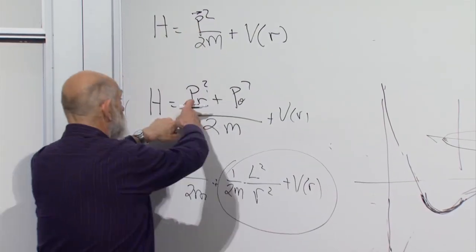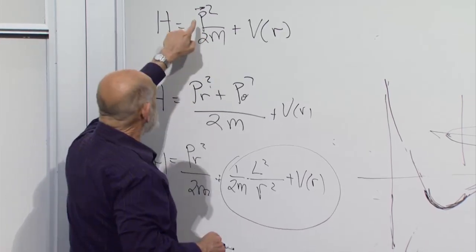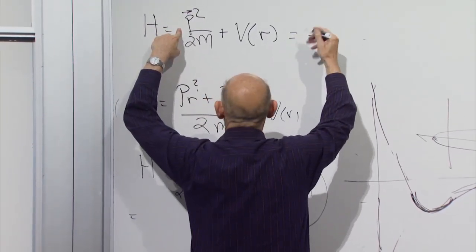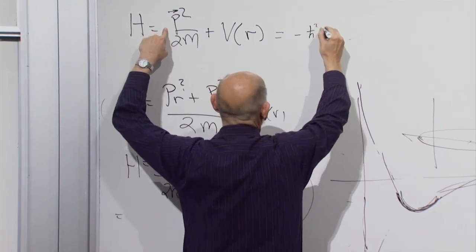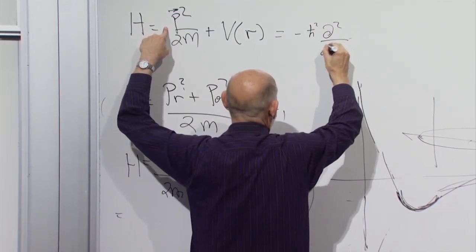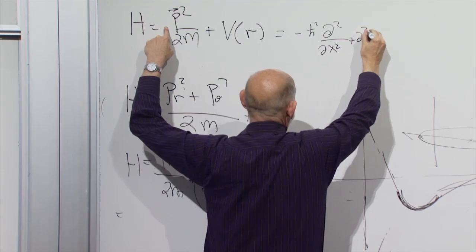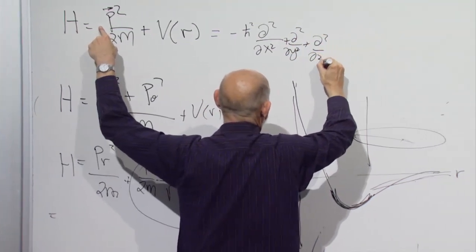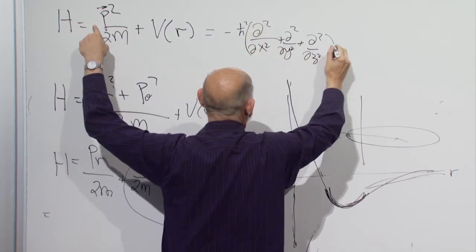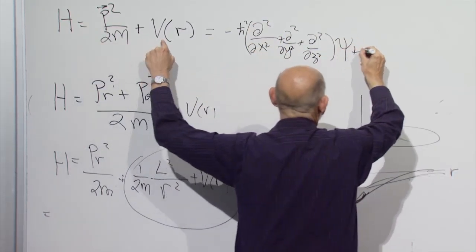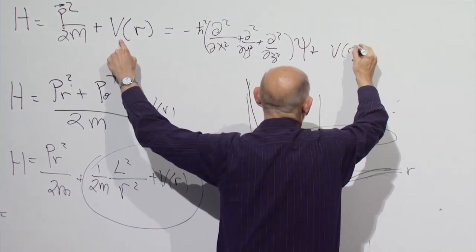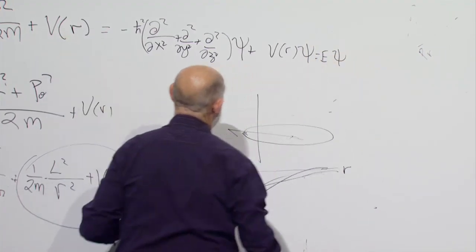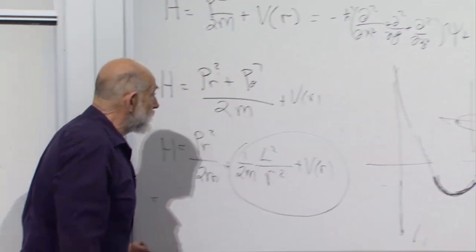So this really means minus h bar squared times d second with respect to x squared plus d second with respect to y squared plus d second with respect to z squared of psi, plus V of r times psi equals E psi. That's the equation we really set out to solve.